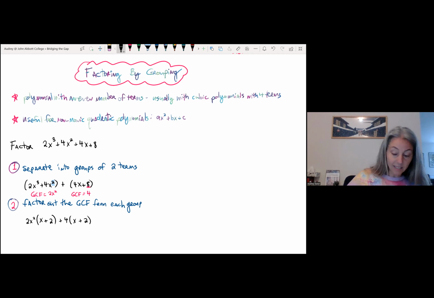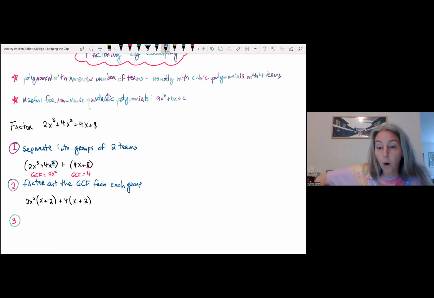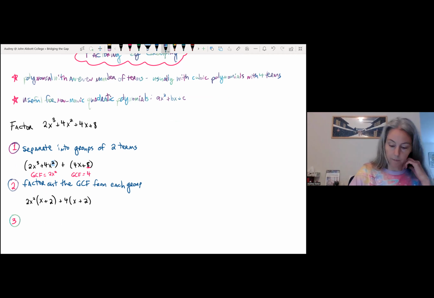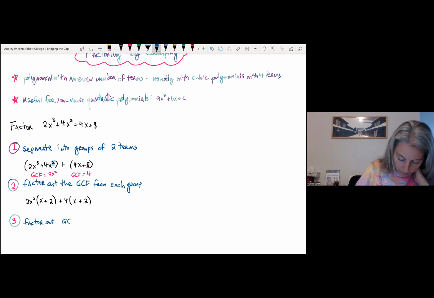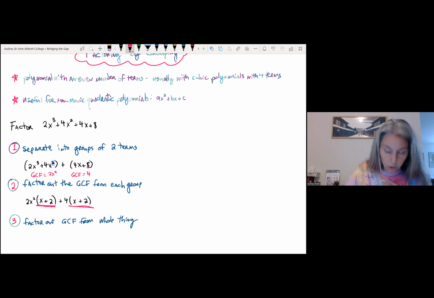Now, my last step is to factor out the new greatest common factor from the whole thing. What that means is this factor, x plus 2, is now in both of those terms.